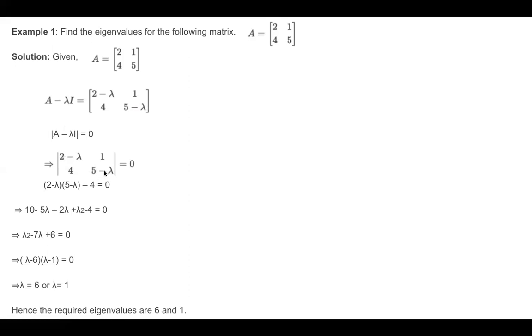Now what we do is cross multiplication: 2 minus lambda times 5 minus lambda minus 4 times 1, which is 4, is equal to 0. When expanded, 2 fives are 10, minus 5 lambda, minus 2 lambda, plus lambda squared, minus 4 is equal to 0.